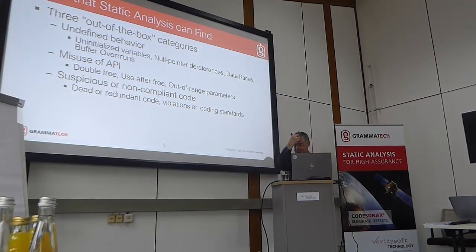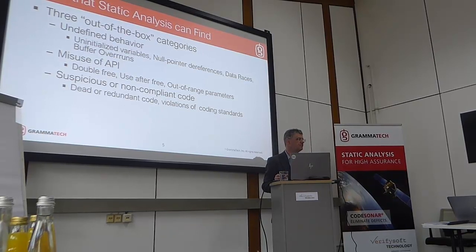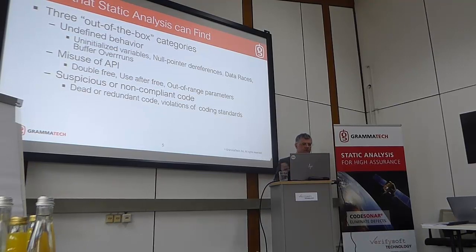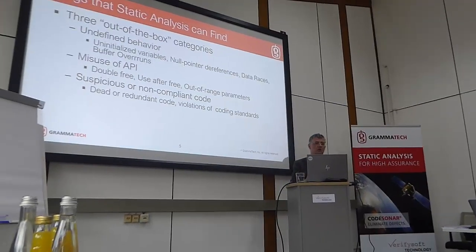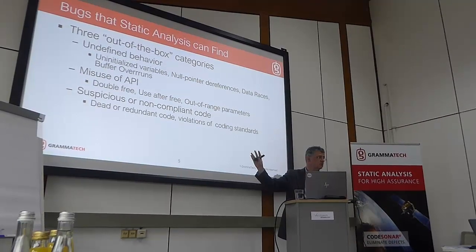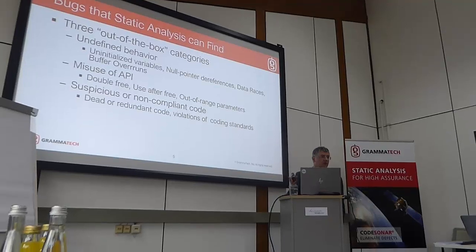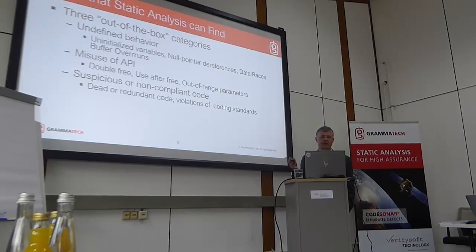The third category is code that is unlikely to cause your program to crash, but looks suspicious in some way. A good example of that is dead code or redundant code. So if you get an if condition, and the condition is either always true or always false, then there's something not right about that, potentially. Now sometimes these things are completely deliberate, sometimes they're actually useful, but a lot of the time, if you don't know that you have it, they can indicate bugs.